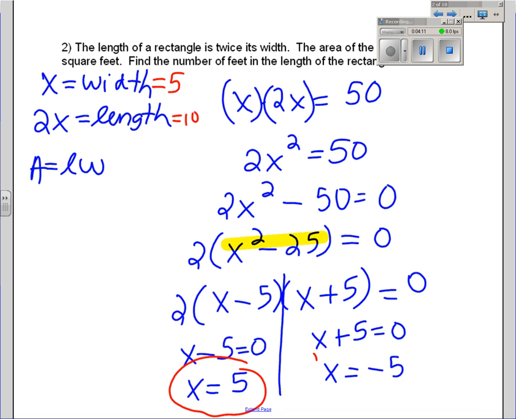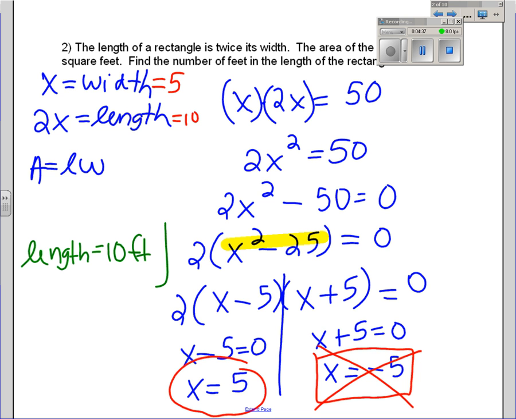In terms of the other solution, we can't even use it because we can't have a width that's a negative measure. So in this case, the negative 5 gets thrown out as a solution of this particular rectangle problem. It's a solution of the quadratic, it's not the solution of the problem. So find the number of feet in the length. We should know that the length then is equal to 10 feet.